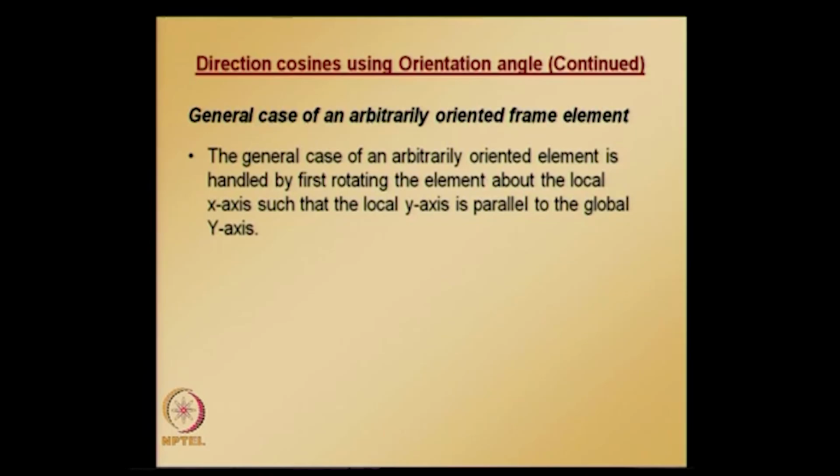In this case you can rotate this frame element about the local x axis such that the local y axis is parallel to the global y axis.